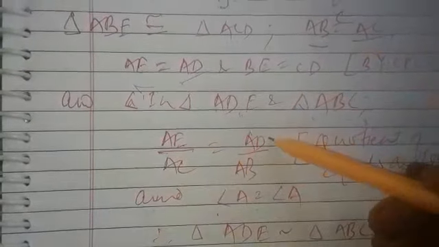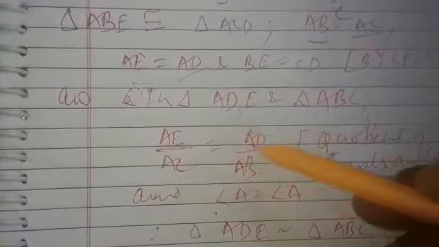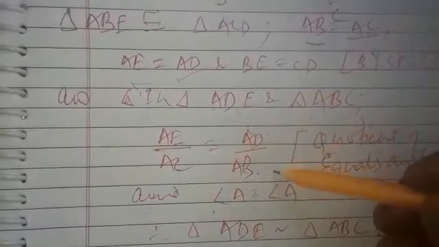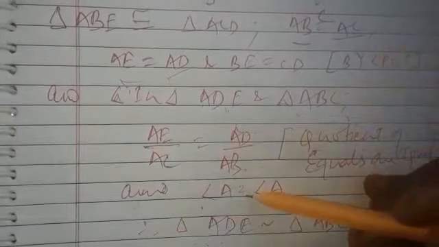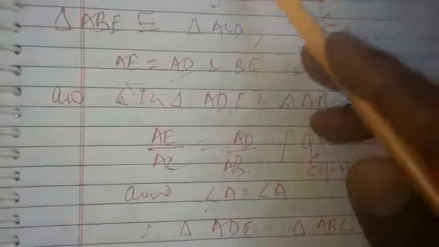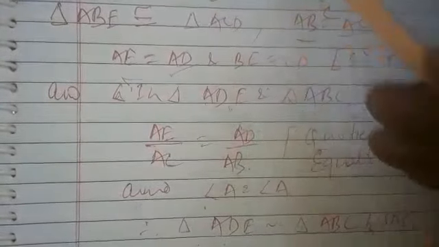Since AE was equal to AD and AC was equal to AB, the quotient of equals are always equal. And angle A is a common angle in both triangles, in triangle ADE and triangle ABC.